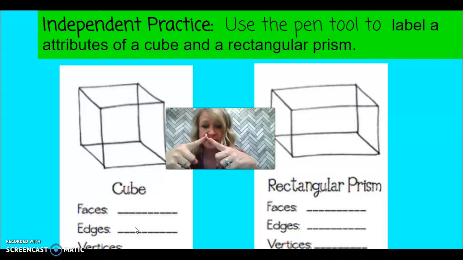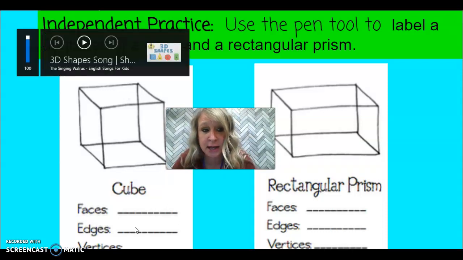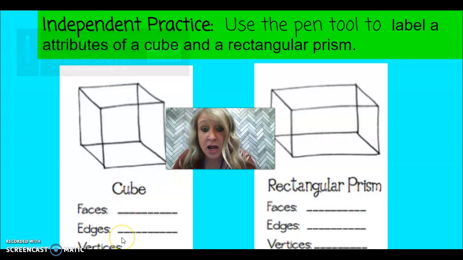Count the vertices. Now I'm going to give you a little hint, but you have to listen really carefully. I'm only going to say it one time. Ready? Did you get that?